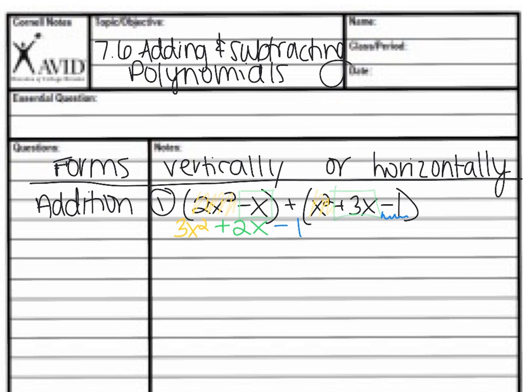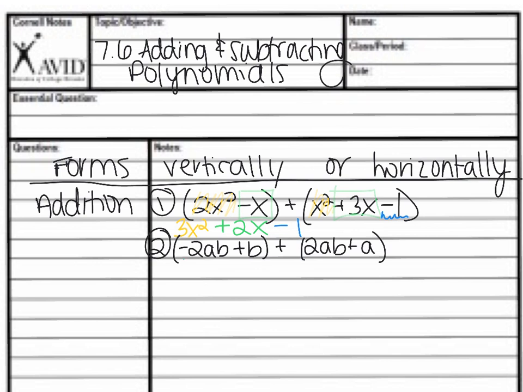So my solution will be 3x squared plus 2x minus 1. Let's try another. I have negative 2ab plus b, that's my first binomial, plus 2ab plus a. All right, so I'm going to look for my like terms.